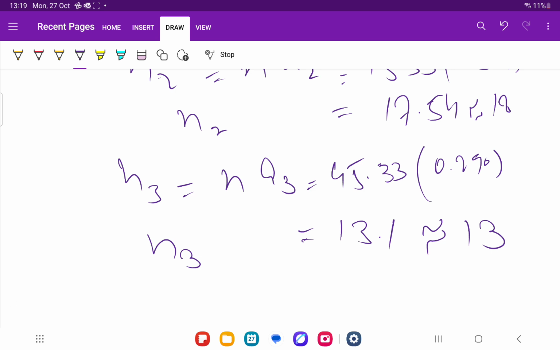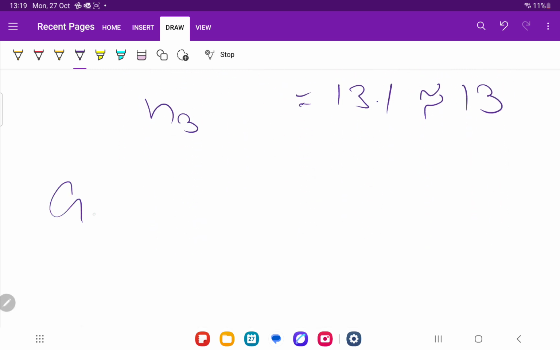For example, if you would like to estimate A1, what is the formula for A1, the proportional allocation?